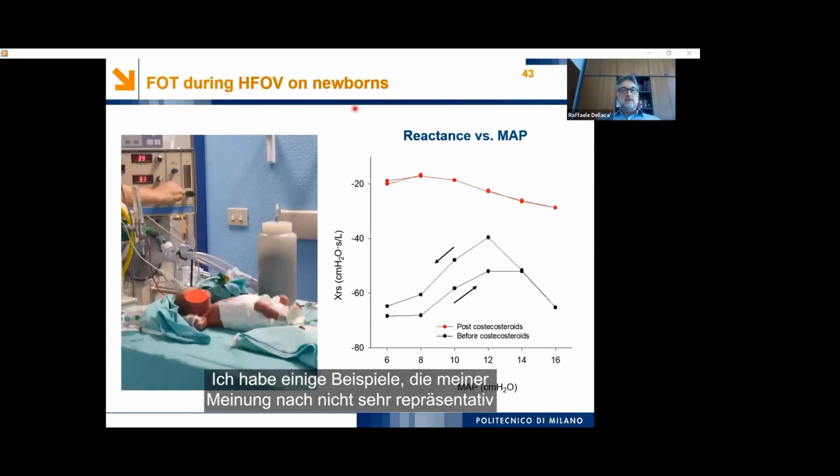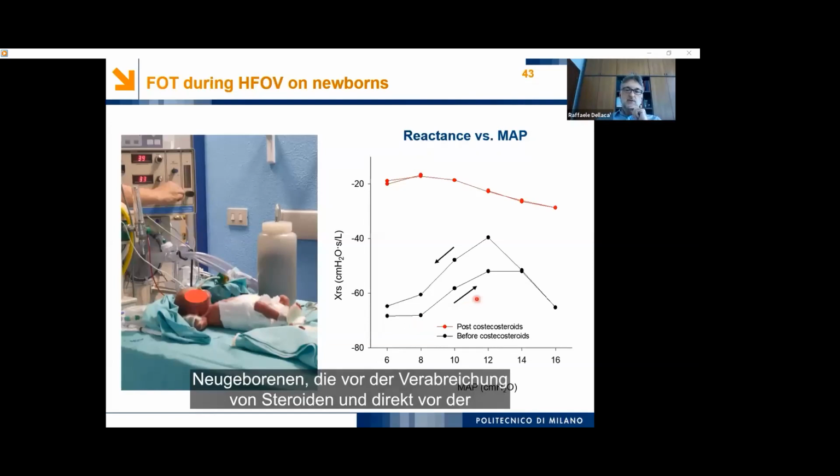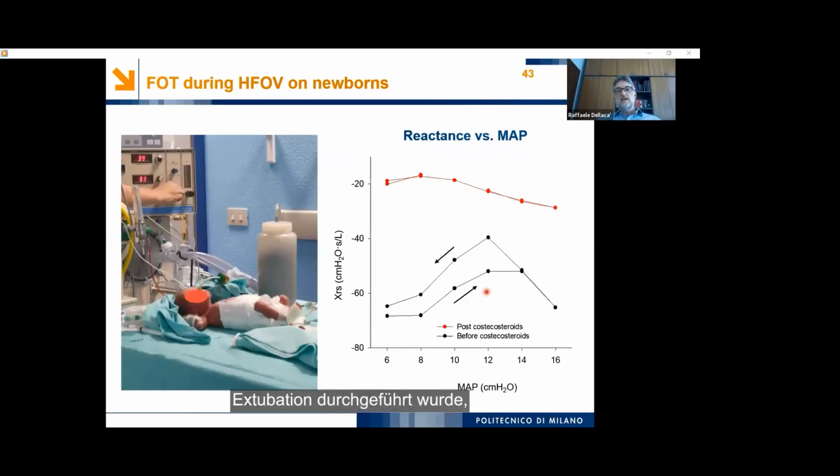I have a couple of examples that, in my opinion, are quite representative. This is an example of a recording done on a preterm newborn before the administration of steroids and just before extubation, when the lung had improved.